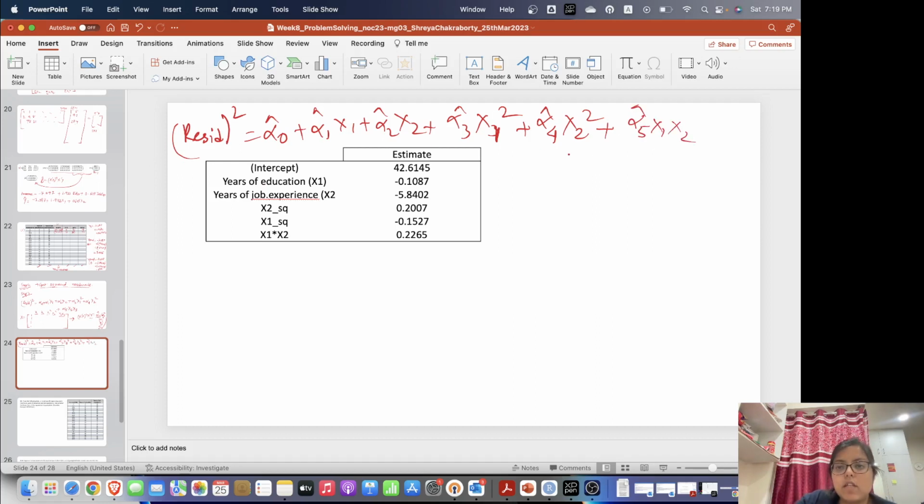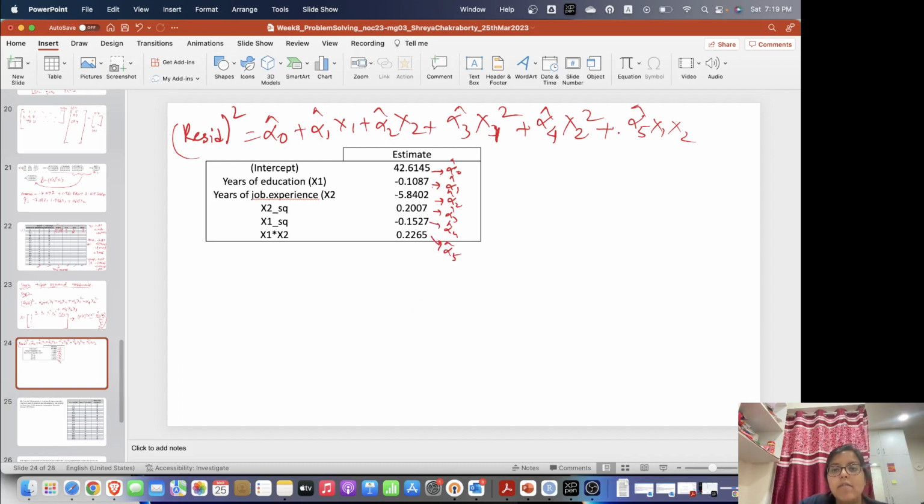Once we have this from the equation, this one is alpha naught hat, this one is alpha 1 hat, this is alpha 2 hat, this is alpha 3 hat, this is alpha 4 hat, and this is alpha 5 hat.